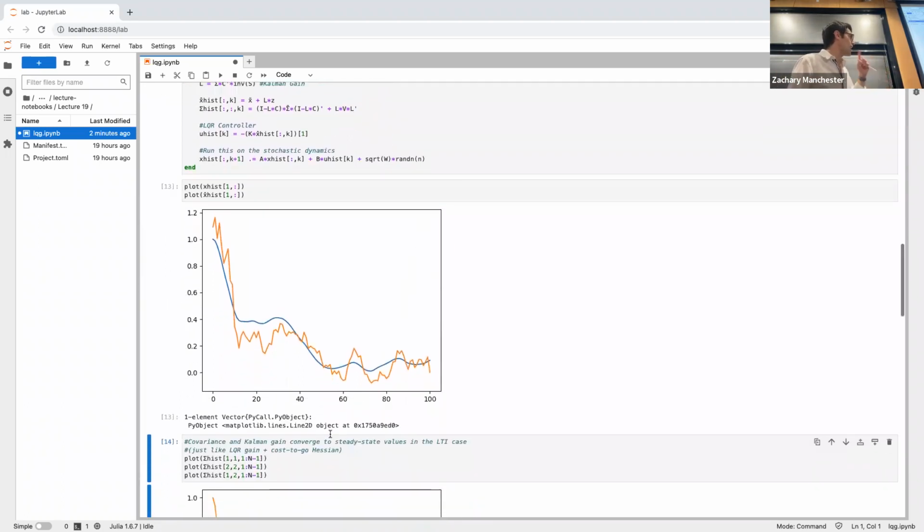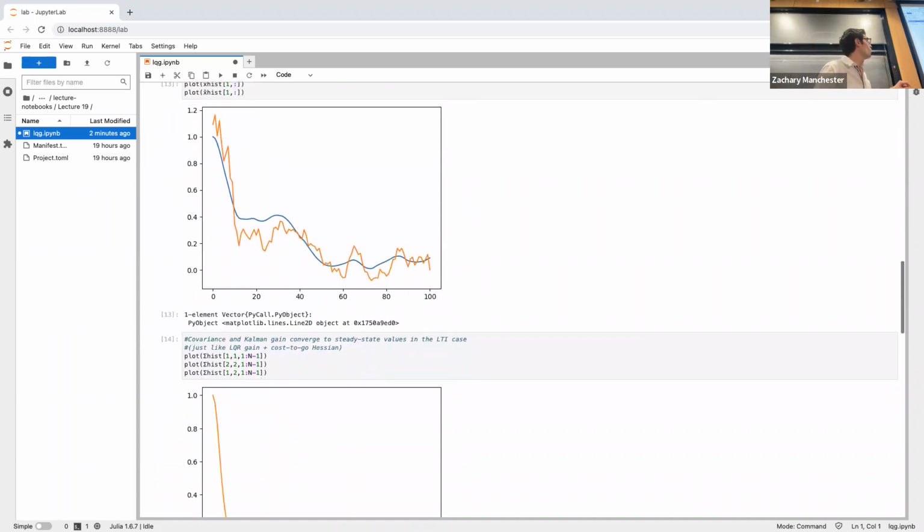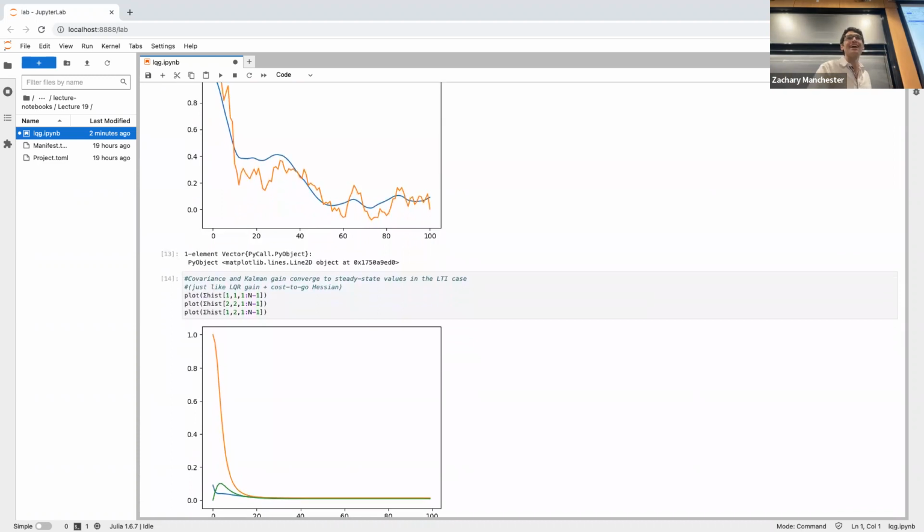Cool. So fun fact, if I plot the elements of the covariance matrix here, they converge to steady state values. That's interesting. The reason this is happening is that this is a linear time invariant system, so the A's and C's are all the same and everything's constant.